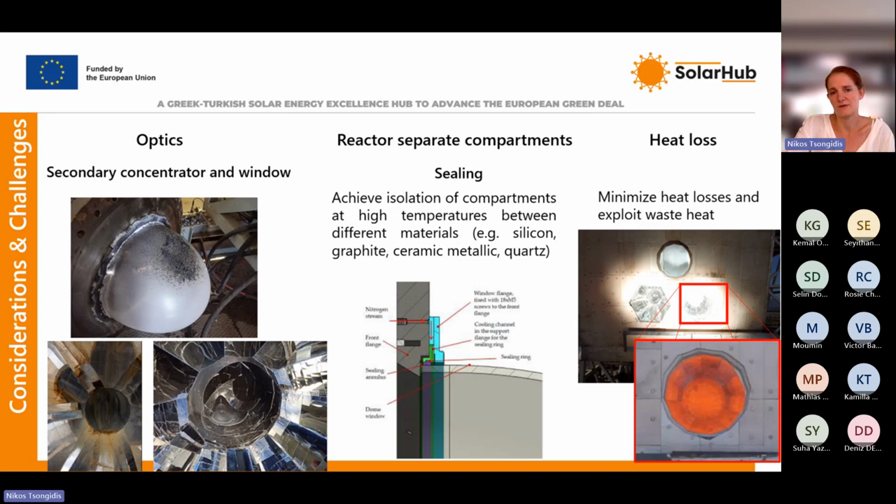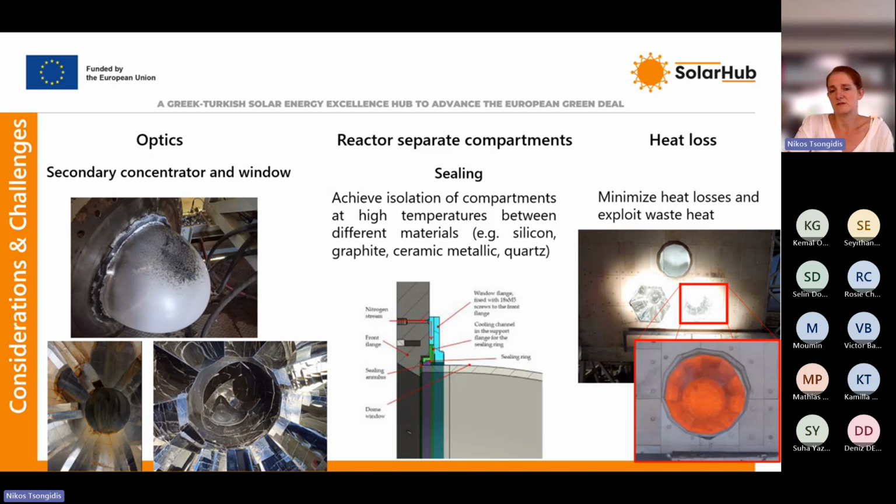Also, there are other critical challenges, such as achieving the sealing at high temperatures, temperatures beyond 1000 degrees Celsius, and between different materials. So we have to achieve sealing between glass and quartz and ceramic and metal parts.